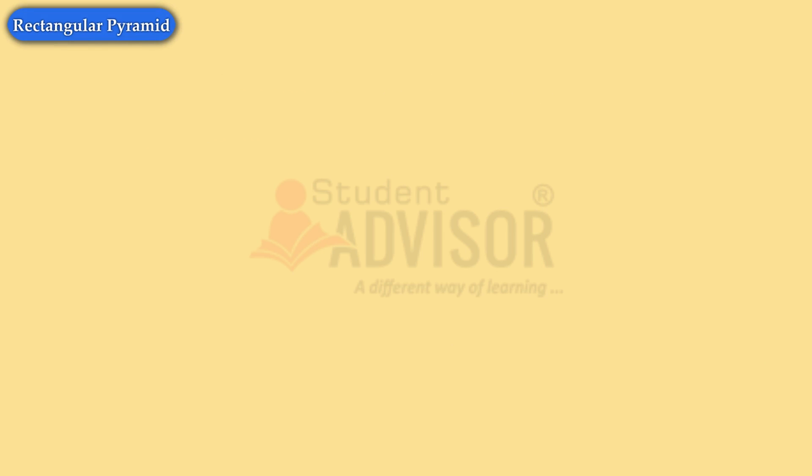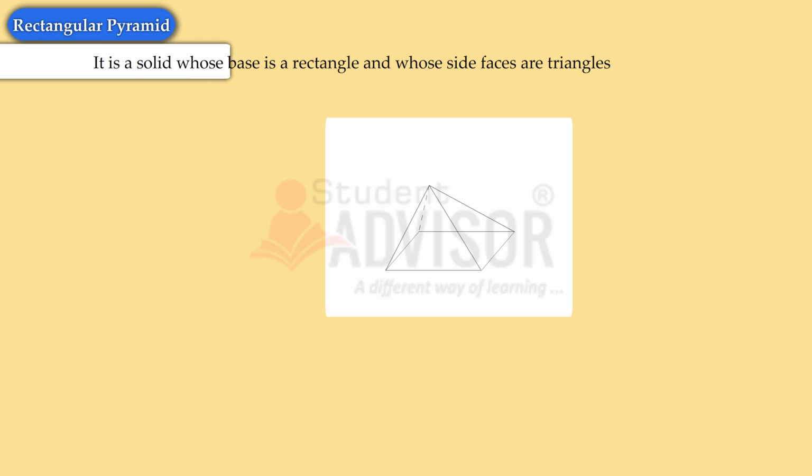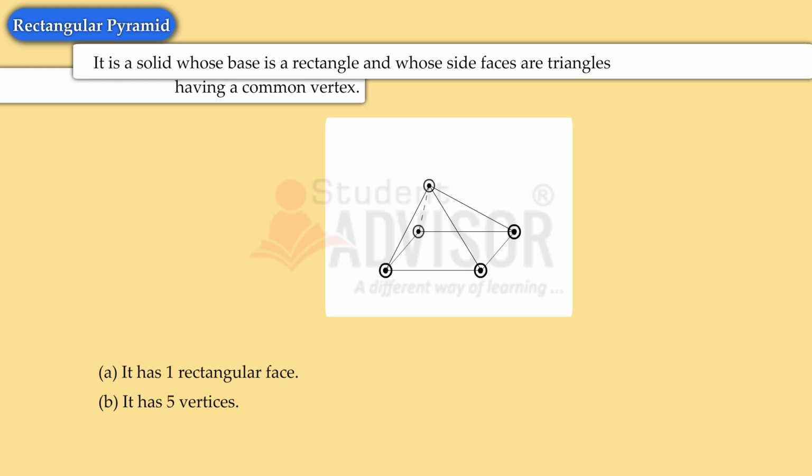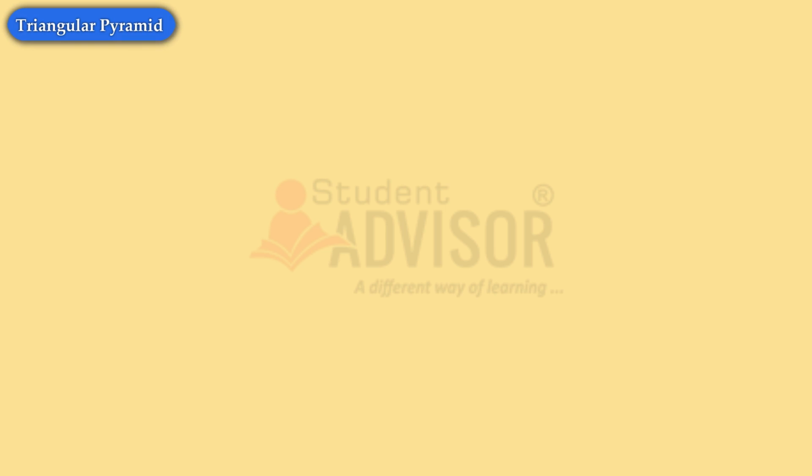Rectangular pyramid. It is a solid whose base is a rectangle and whose side faces are triangles having a common vertex. A. It has one rectangular face. B. It has 5 vertices. C. It has 8 edges. Triangular pyramid.